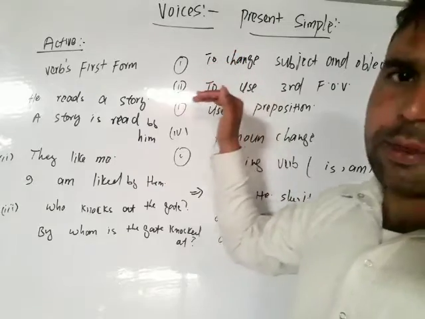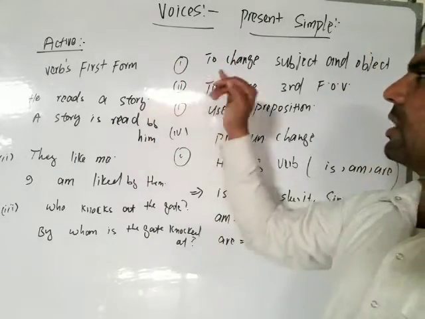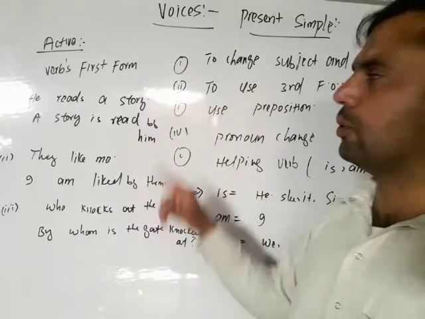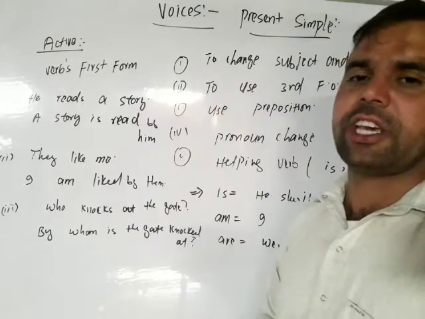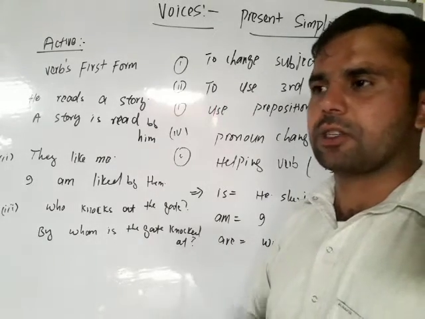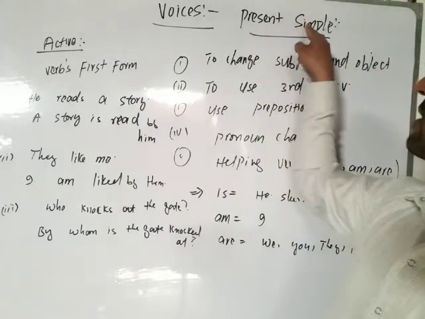These are the general principles I have discussed in a separate video as well, but in this video I will also tell you that these are the things we should keep in mind when we change a sentence of active voice into passive voice when the sentence is of present simple.